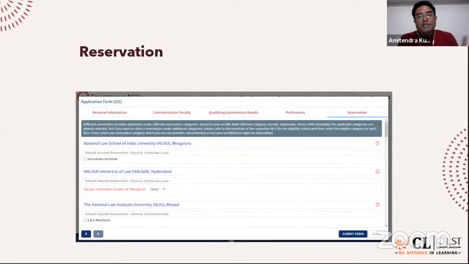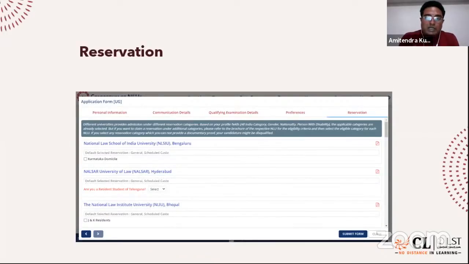So if you are from the state of Karnataka, you can select the checkbox which is Karnataka domicile. We don't know as of now whether there will be reservation or not, but if you are from the state of Karnataka, do select Karnataka domicile, click on the checkbox. Similarly, for a student from the state of Telangana, where Nalsar is located, you have to select from the drop down whether you are a resident student of Telangana.